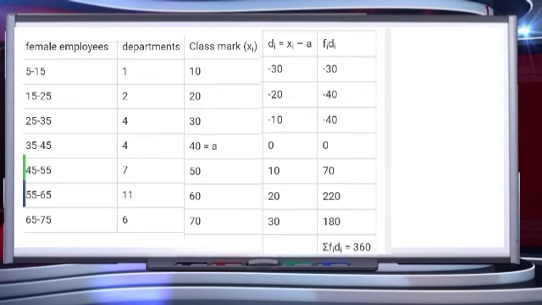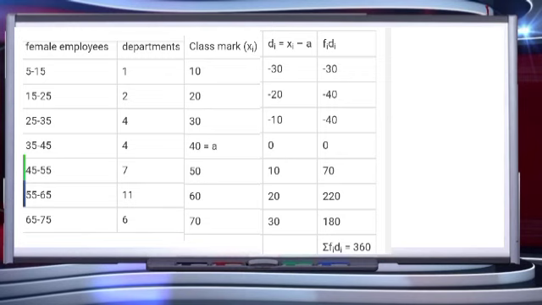Students, let us understand how to solve such type of questions. Here the first two columns will be copied as such, that is the female employee grouped interval, which gives us xi, and the departments, that is the fi column. Next is to find the class marks, that is xi. Students, the class mark is the upper limit plus lower limit divided by 2.